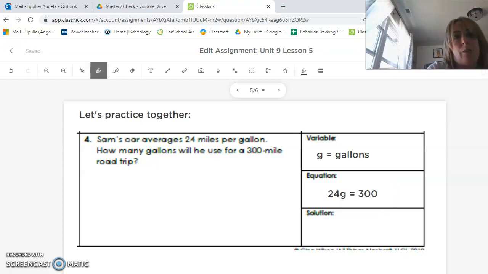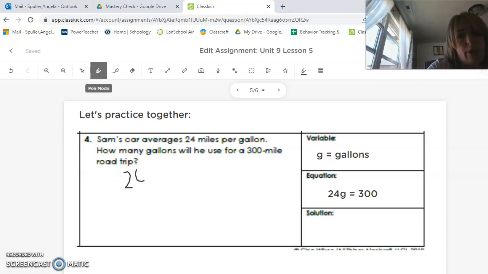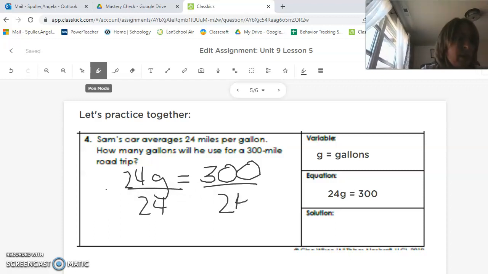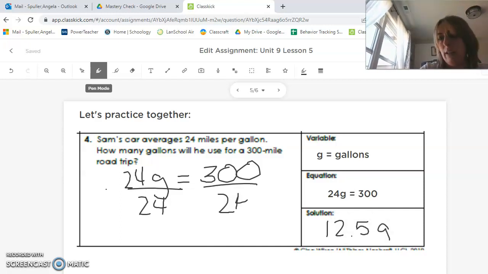So 24G is saying 24 times gallons equals 300 miles. To do the opposite of multiplication is to divide. So if I divide both sides by 24, you should have gotten 12.5 gallons. Okay, good job.